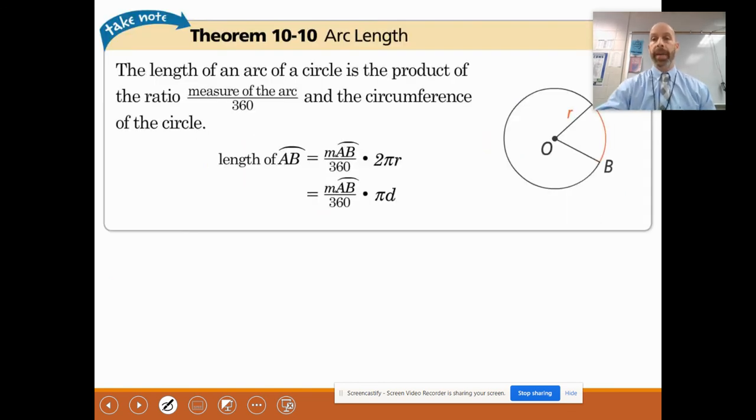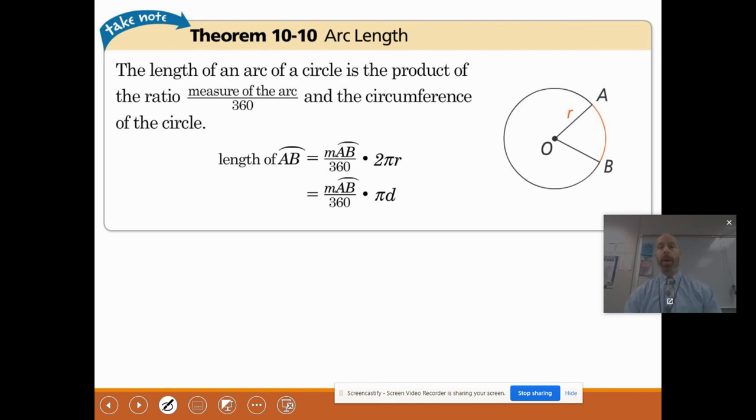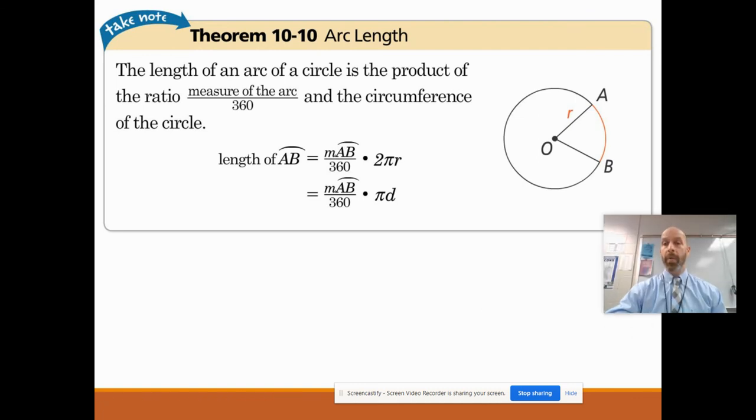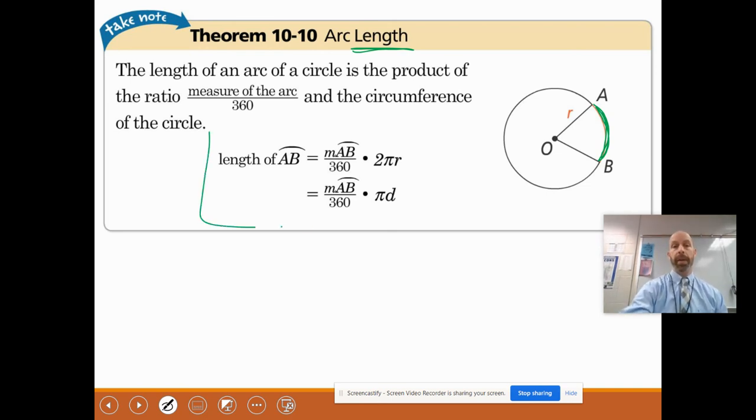All right, last big idea, arc length. Now we're not talking about arc measure, we're talking about the length. If we wanted to talk, how far is it to walk along that path? This formula is probably the hardest of all the formulas, but here it is, okay? It can be written either way.